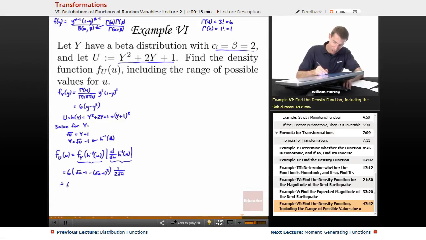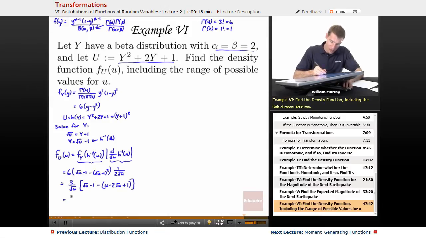And now I'm just going to do some algebra to work this out, and hopefully it'll simplify a bit. I don't think it's going to get great, but let's go ahead and see what we can do with this. Oh, the 6 over 2 simplifies a little bit right away. So we get 3 over the square root of u. And now inside the parentheses, I have square root of u minus 1 minus, now if I square root u minus 1 squared, I'll get u minus 2 root u plus 1 there.